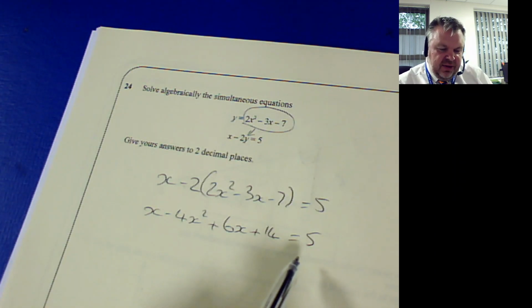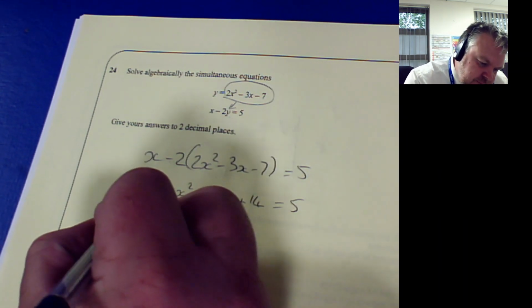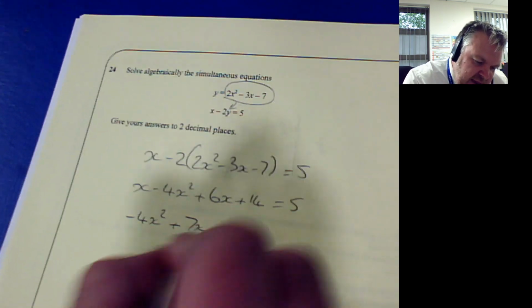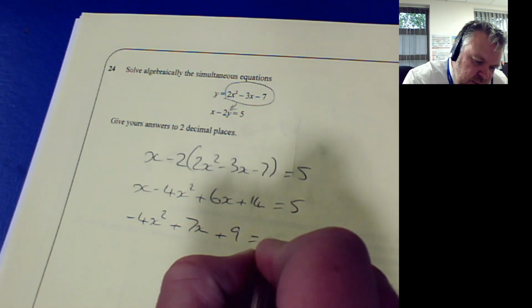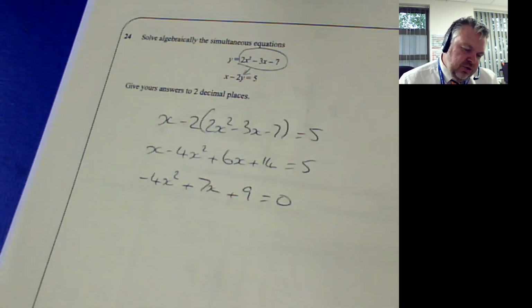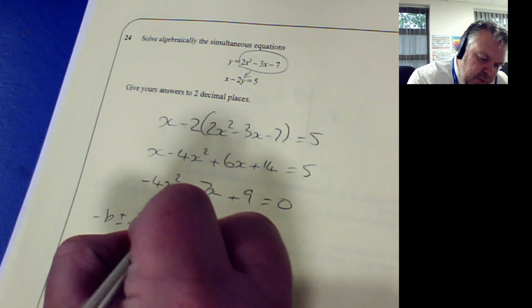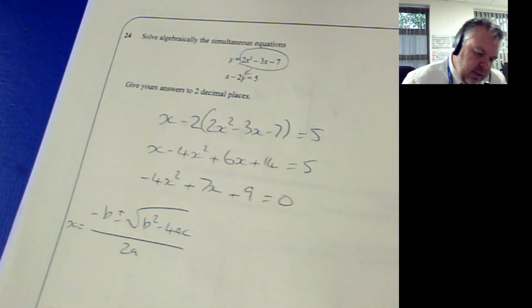Collect all my terms together and make it equal 0 on this side so I can use my quadratic formula. So minus 4x squared plus 7x plus 9 equals 0. Then my quadratic formula is x equals minus b plus or minus the square root of b squared minus 4ac, all over 2a.